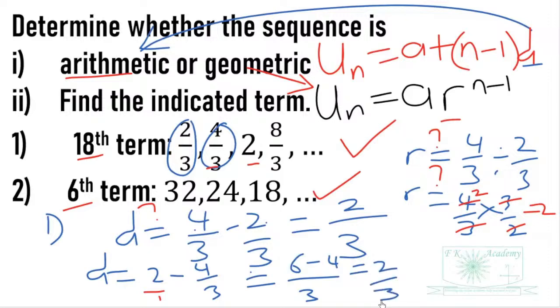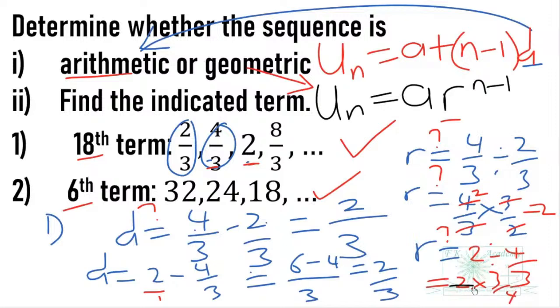Then let's check again. We divide this by this. So we are checking. So we have this 2 divided by 4 over 3. And that will give us 2 times 3 over 4.